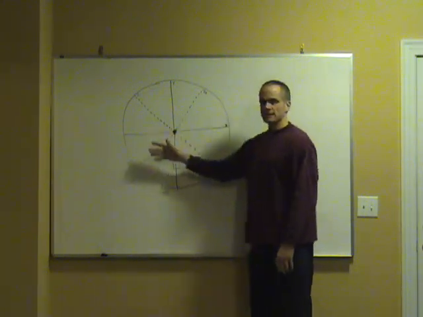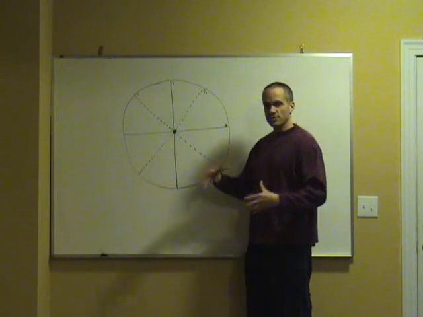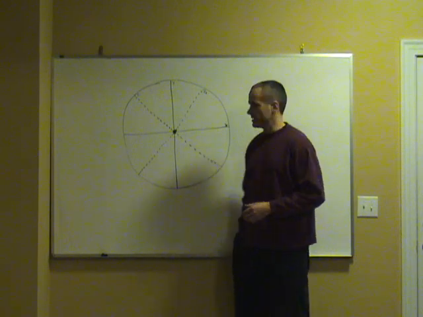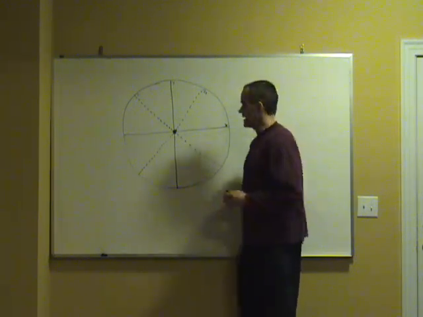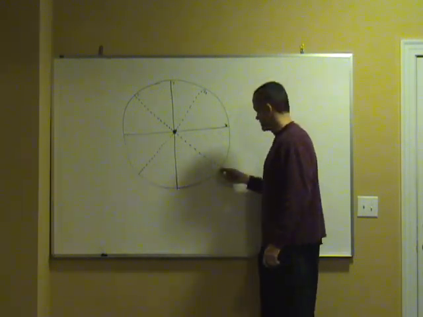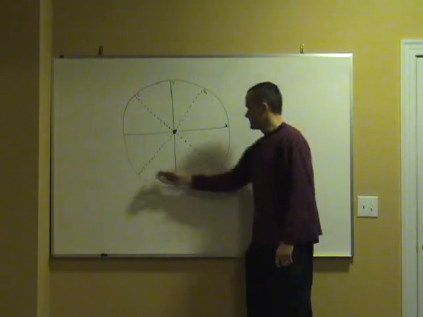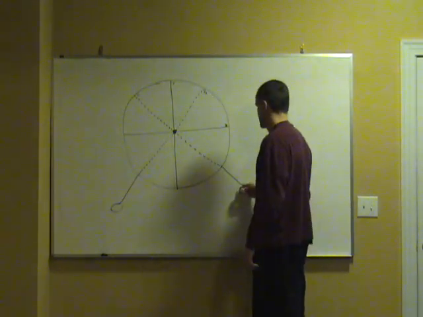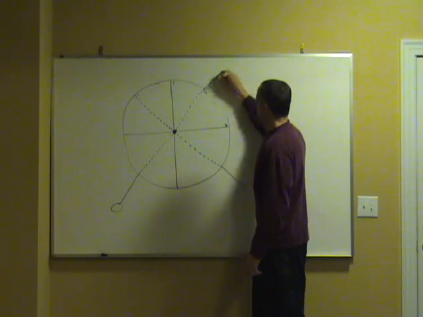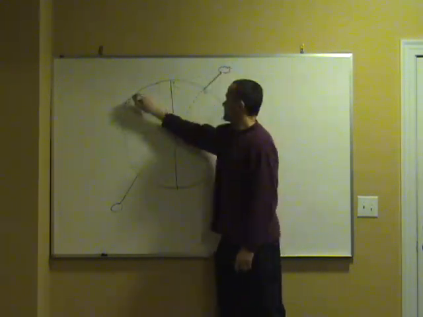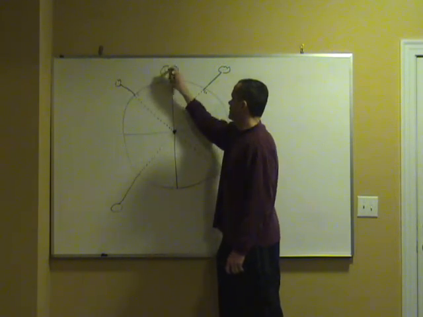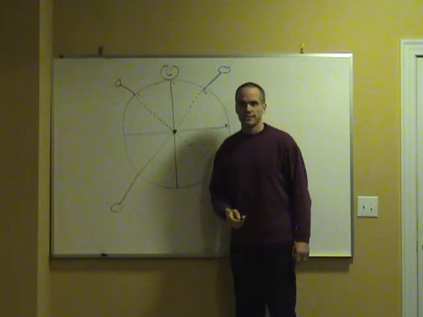If we look at this as a body and think of the body as a joint, the center point is our center of gravity. And what this nicely draws out is that these diagonals are your legs, your arms. We'll put a little head up here, just so you get the idea.